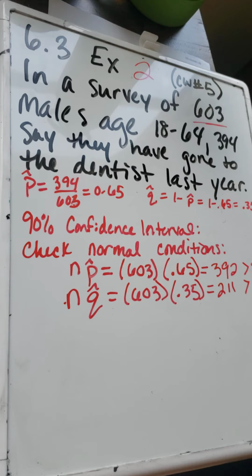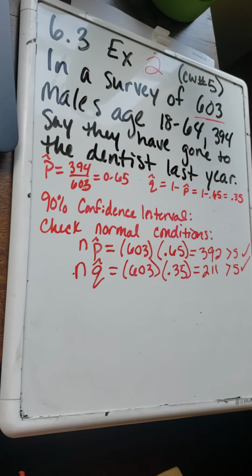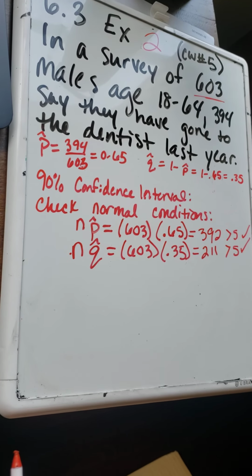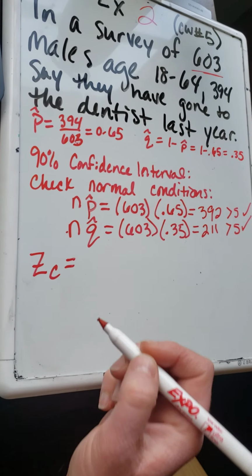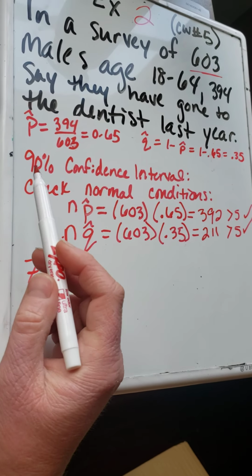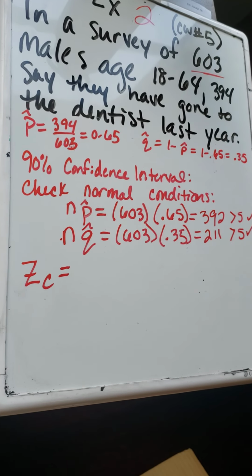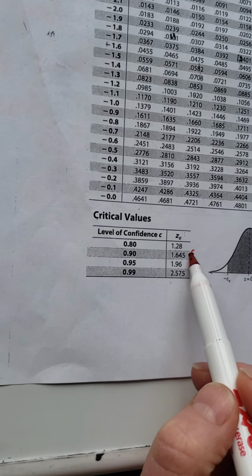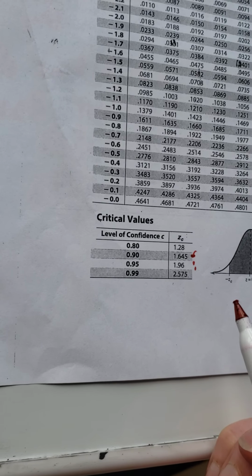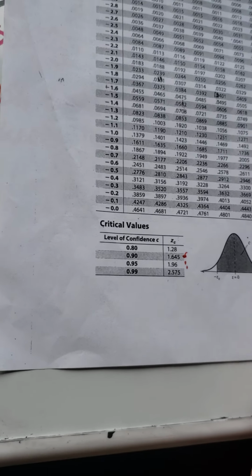So the first thing we need to do the confidence interval, just like in 6.1, we need the critical value for z. And since we are doing the 90% confidence interval, we're going to use the critical value associated with that right here. So for 90%, it's 1.645.